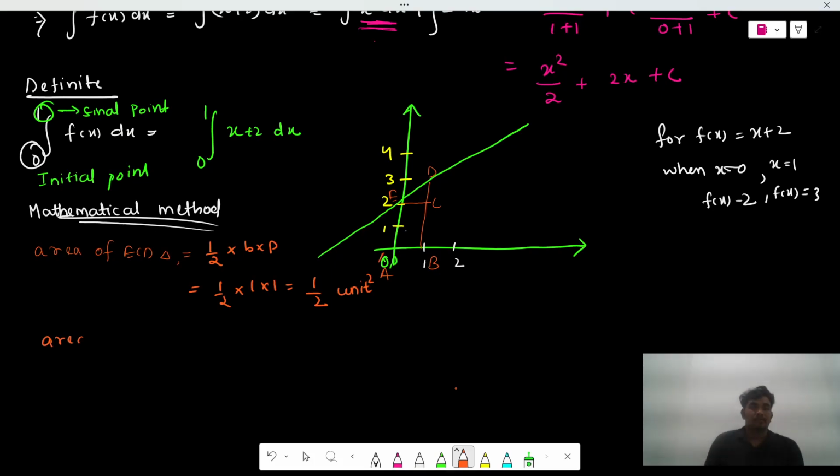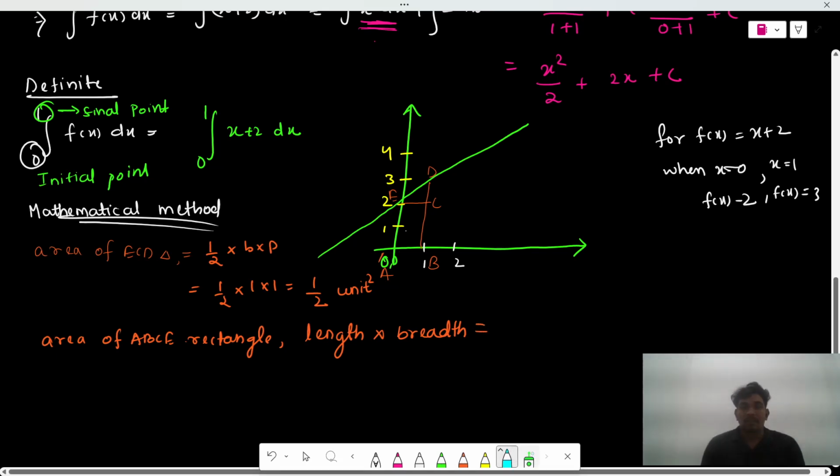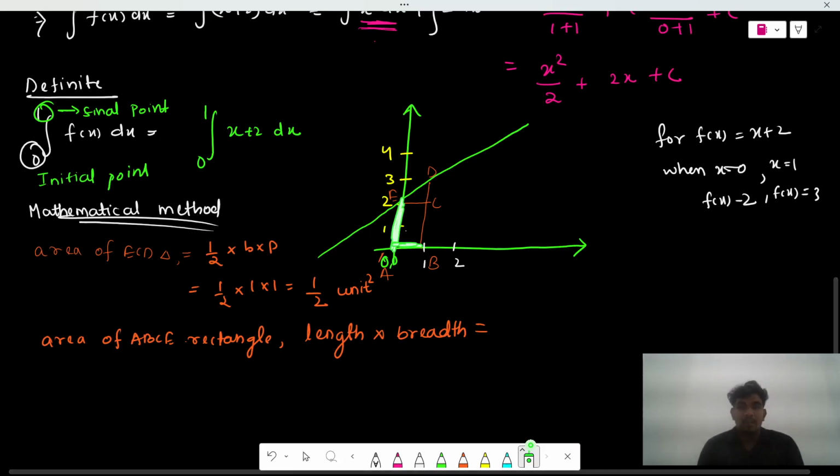Now, area of rectangle ABCE is equal to length multiplied by breadth. This is the breadth and this is the length.